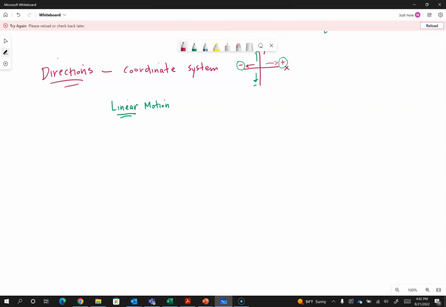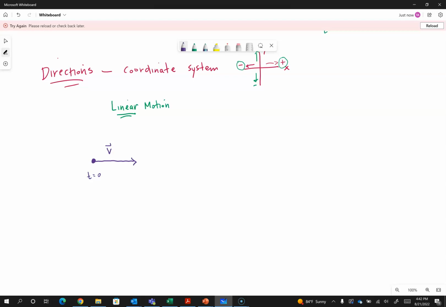So let's say we have a car, and that car is driving from our perspective to the right. Let's just talk it conceptually. So a velocity to the right, let's say this is time equals 0.